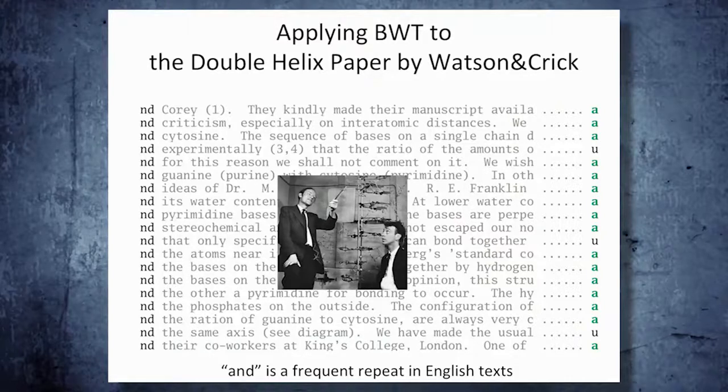Why are there many runs of A? Well, one of the most common words in English is "and." And every time you have "and" in the text, it is likely to contribute to a run of A in the Burrows-Wheeler transform, as you see in this example.